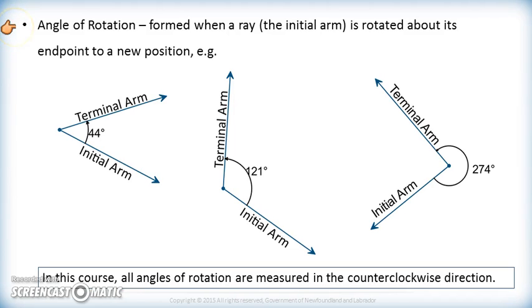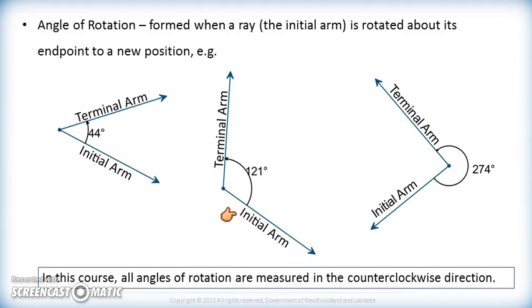An angle of rotation is formed when a ray known as the initial arm is rotated about its endpoint to a new position. For example, here's an initial arm. We rotate it, in this case, counterclockwise, 44 degrees, and that initial arm winds up here at this terminal arm location.